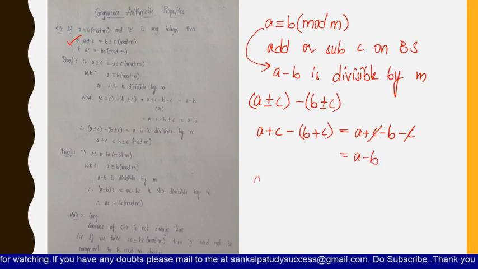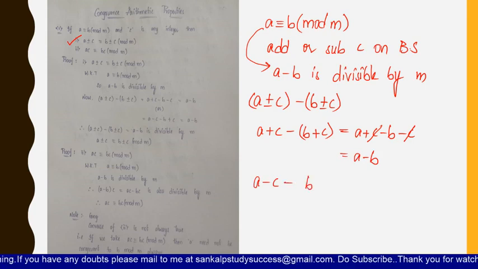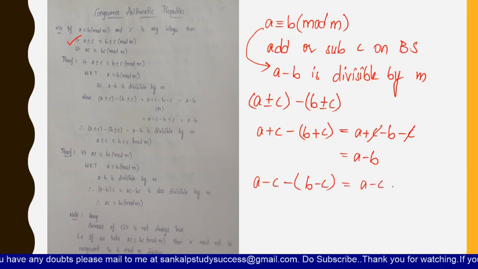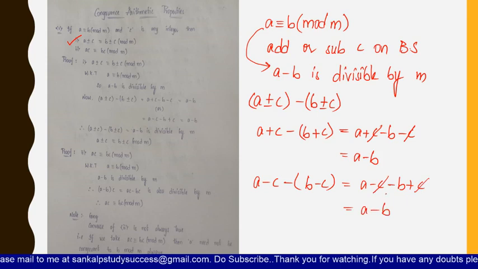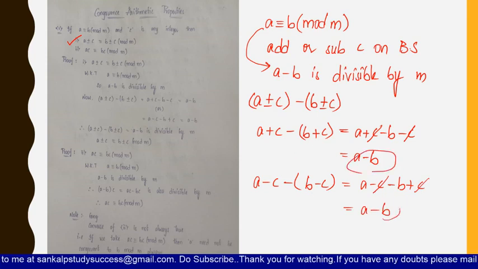And also, take the next equation by subtracting C: A minus C minus B minus C. So here A minus C minus B plus C, it becomes, if you cancel plus C and minus C here, we will again be left with A minus B. So if you are adding or subtracting, you are getting A minus B only.